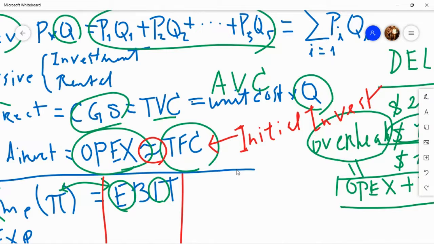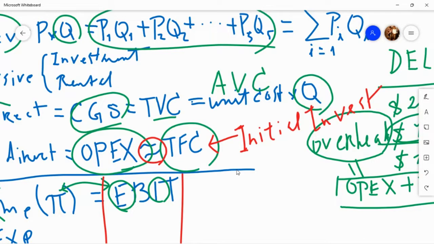Okay. So this $100 million plant must have a maximum production capacity. Let's say the maximum production capacity is 1 million computers per year. But the actual production level can be anywhere between 0 and 1 million, right? The variable cost will vary depending on the production level, but the initial investment was already expended.